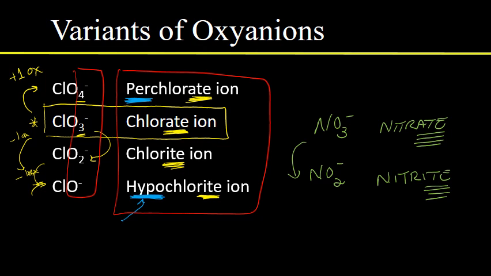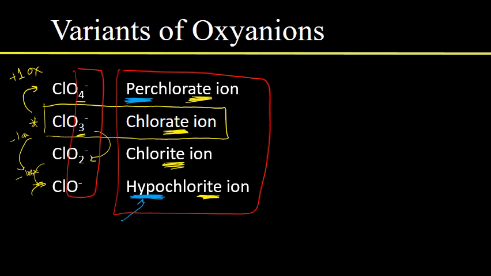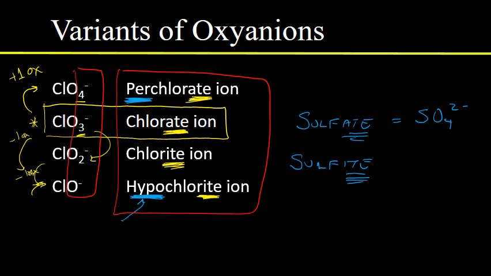We can do the same thing for sulfate. Sulfate ion is SO4, so that means that sulfite has 1 fewer electron, or 1 fewer oxygen, excuse me. So that would be SO3, right?